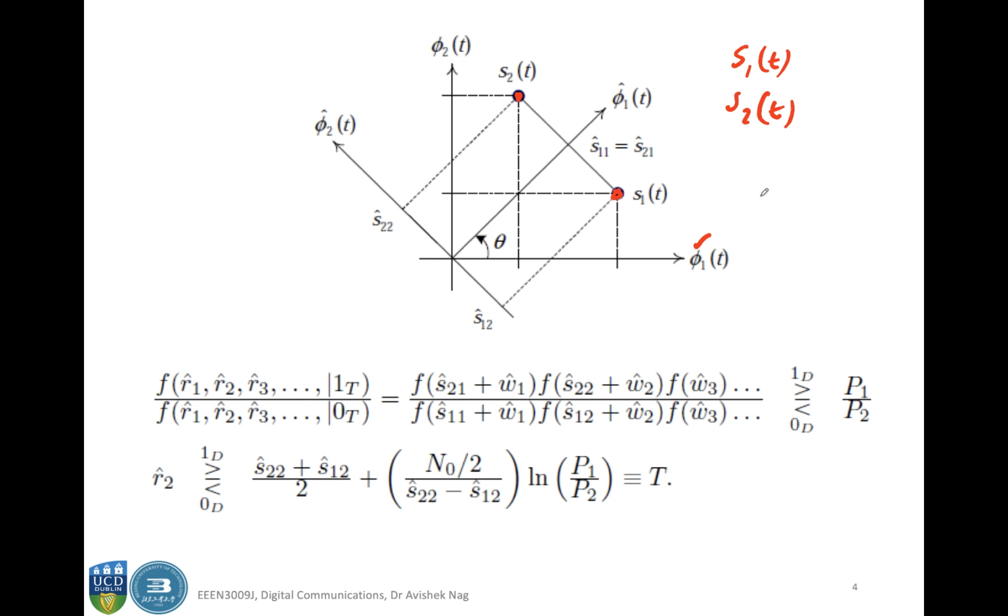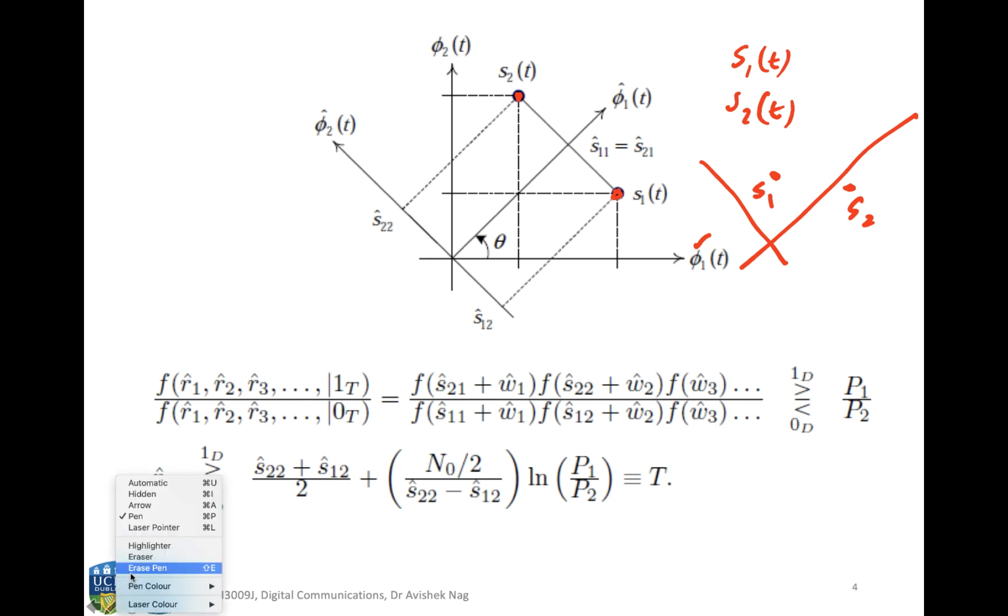Actually, the point is that given two signals S1 and S2, you can define any axis. You can define an axis like this. You can also define, let's say, a set of axes like this.